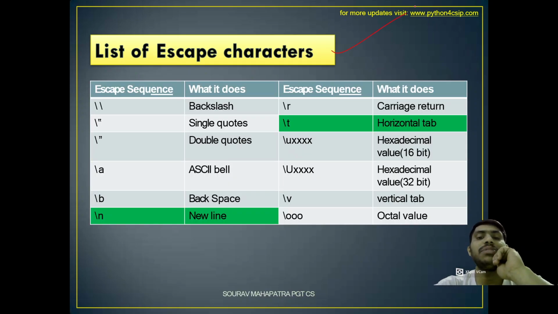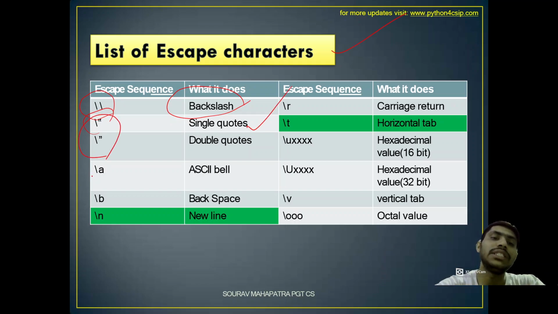What is an escape sequence? When you use a backslash along with a character, it will take some action. So in escape sequences, you can see double backslash is treated as a backslash. Backslash with single quote. Backslash with double quote. Backslash with a, the ASCII bell character.